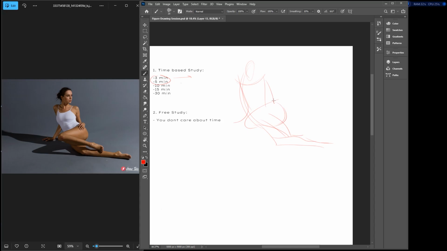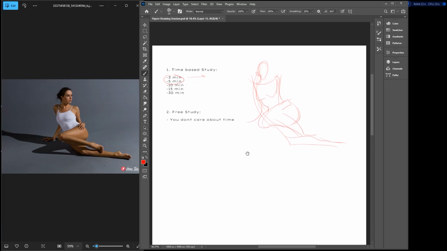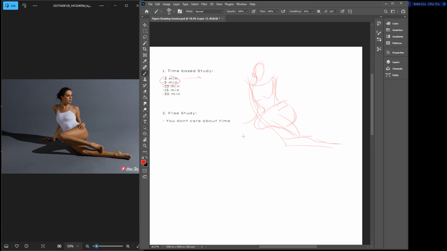Okay, we have the other hand. And not too much detail. Maybe this is as much as I can give. Okay, now let's say I have spent all my 3 minutes. I know it hasn't been 3 minutes, but let's assume that I have.